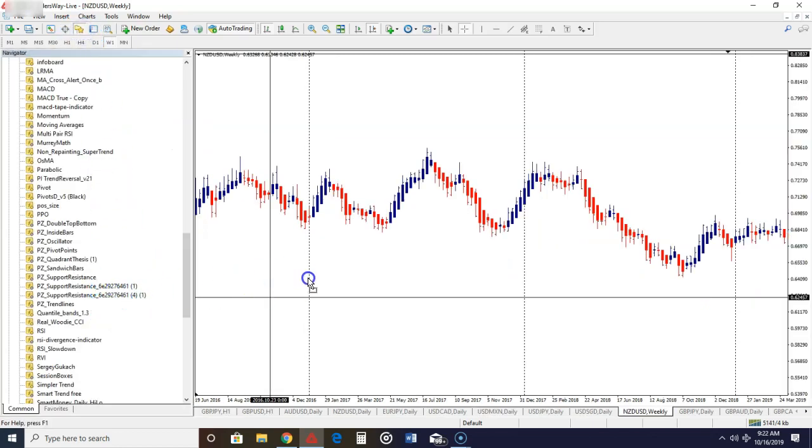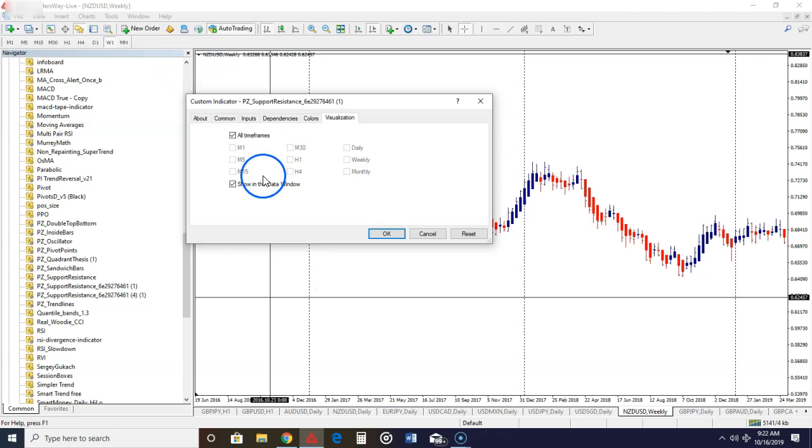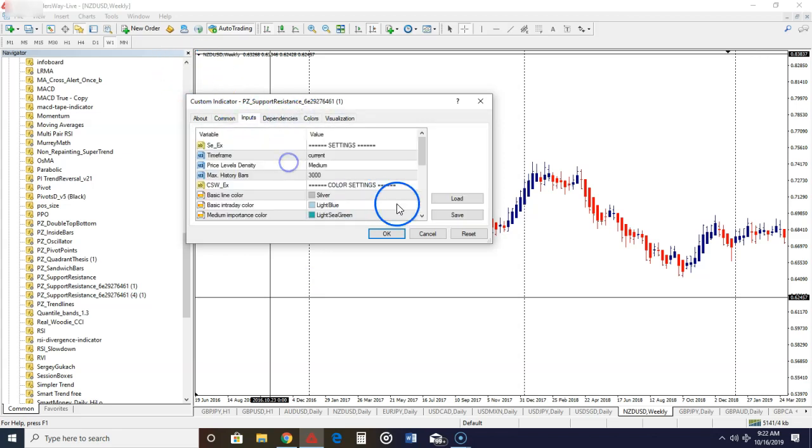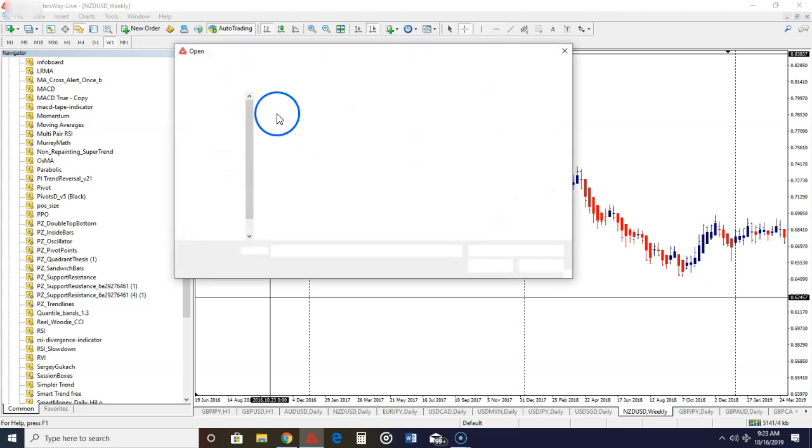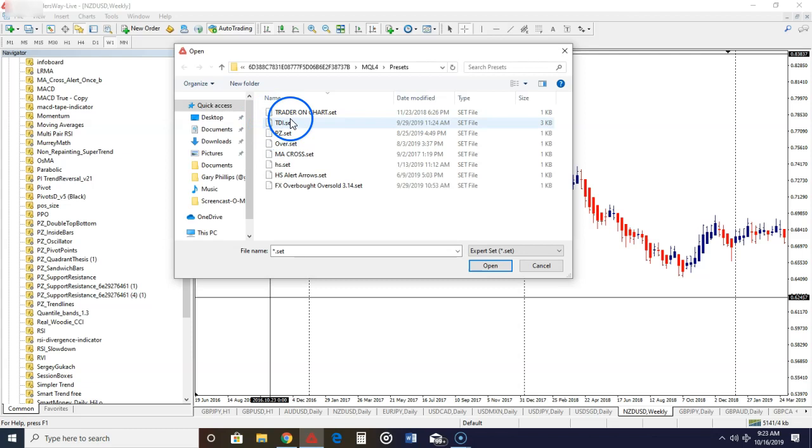So the only thing you'll do, you'll drag it onto the chart, right? You will go ahead and load up the preset values that I already have saved. Alrighty, let's see.